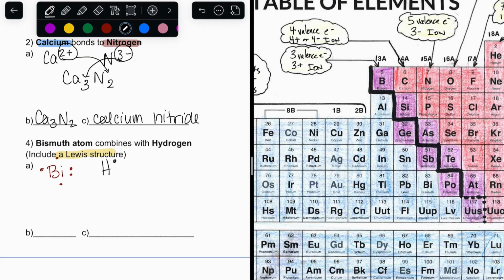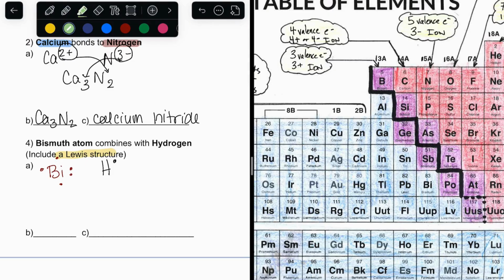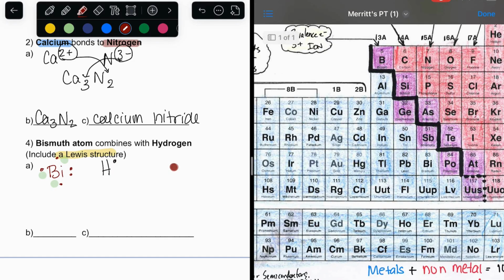And if I look at it, I got these 3 spots, 1, 2, and 3, where I can add another hydrogen. So I'm going to put my bismuth in the middle.